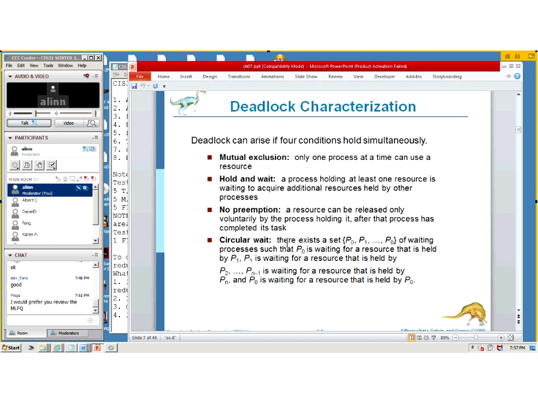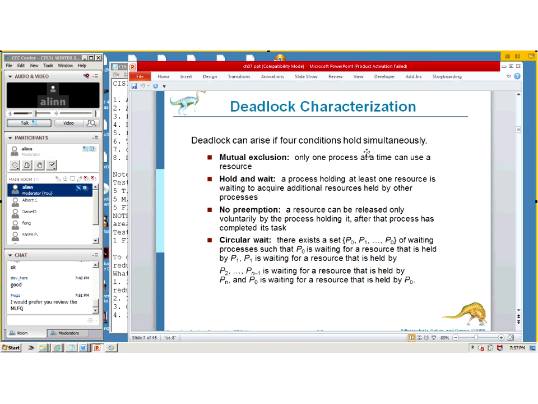So that's this rule. And finally, there's this concept of circular wait. P1, process 1, is waiting for a resource held by process 2. Process 2 is waiting for a resource held by process 1. That's a circular wait. Or you could do it this way.